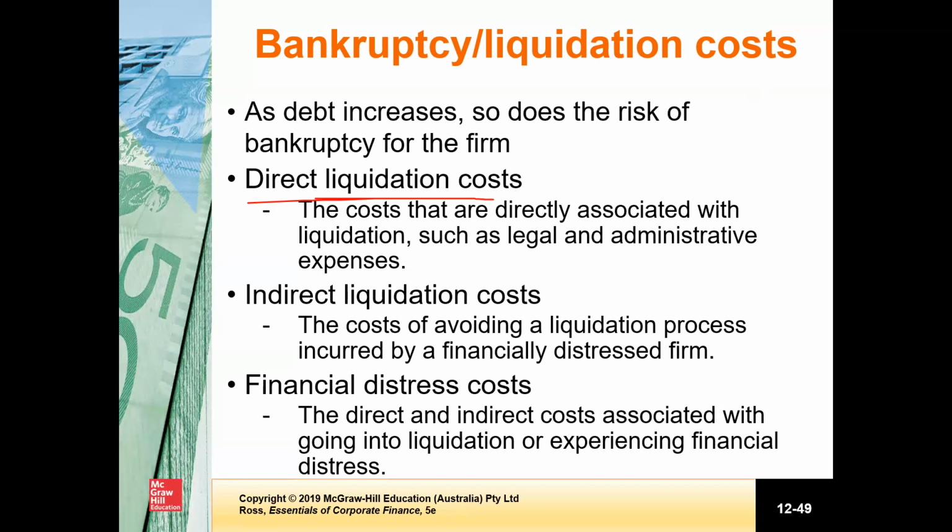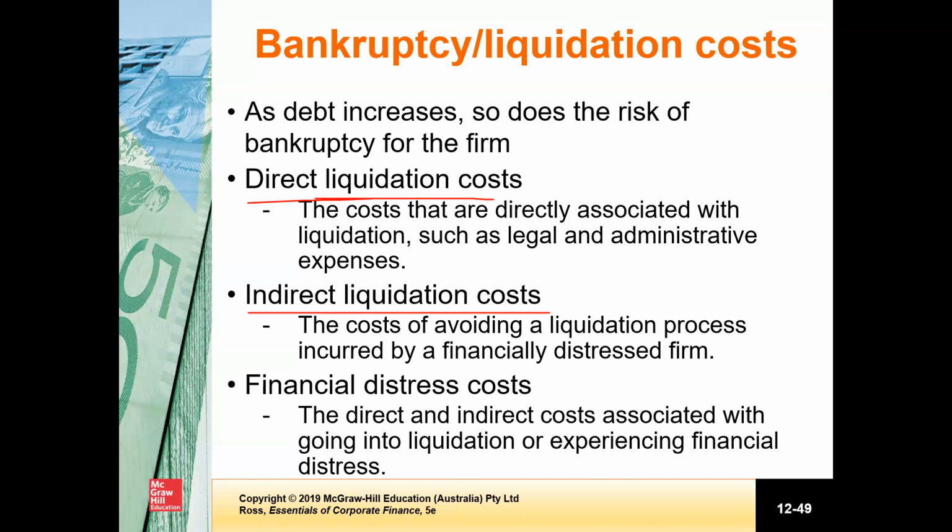There are some indirect liquidation costs too. Because it's expensive to go into liquidation, a firm spends resources to avoid doing so. When a firm is having significant problems in meeting its debt obligations, we say that it is experiencing financial distress. Some financially distressed firms ultimately file for liquidation by appointing an administrator, but most do not because they are able to recover or otherwise survive.